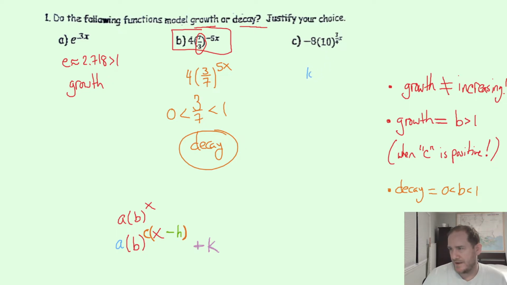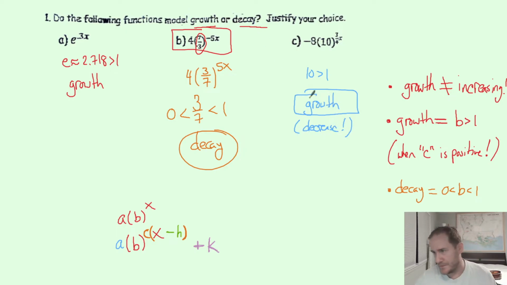My base is 10, and 10 is greater than 1, so this is a growth model that just happens to have been reflected. So it's a growth model that just so happens to decrease. But that doesn't change my answer. I'm still calling it a growth model. It's not decay just because it goes down. It is still growth, which is tricky and weird and stupid, and it seems like a semantic argument, but it's a fact. So choose growth, even if it decreases.